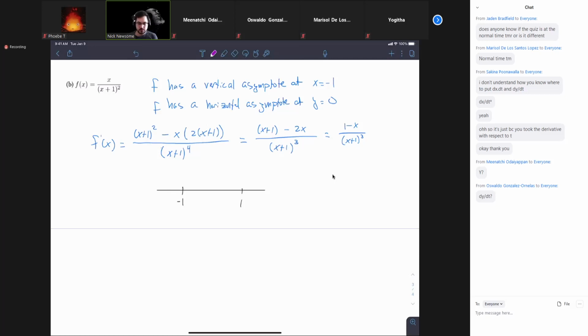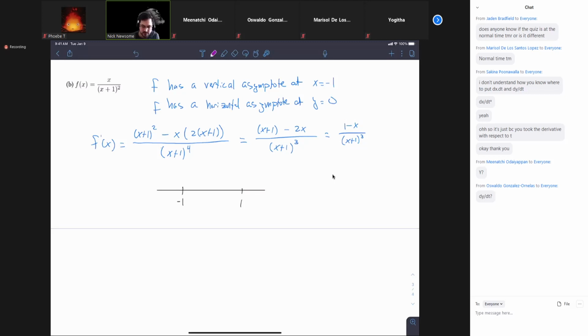So this is something we should be familiar with now. If I plug in something very negative, this denominator is going to be negative. I take something negative and I cube it, it's still negative. But in the numerator, I'm going to have something positive because I'm taking 1 and subtracting a negative, which is the same as adding something.